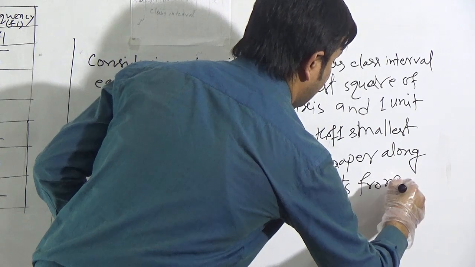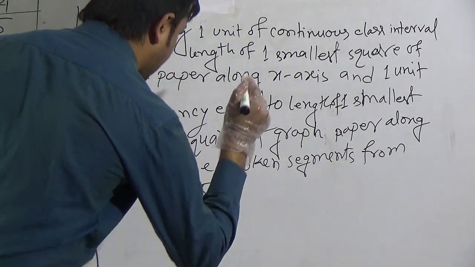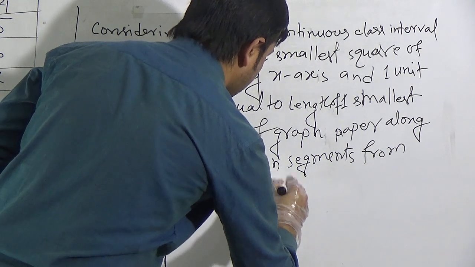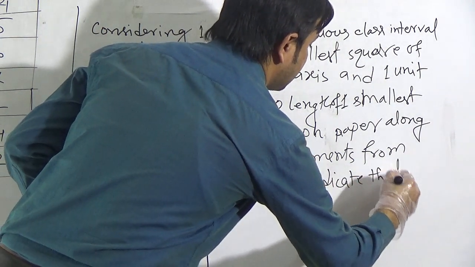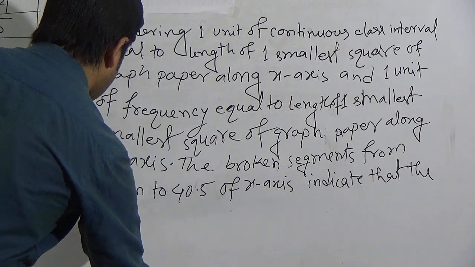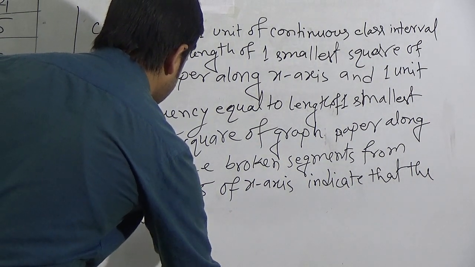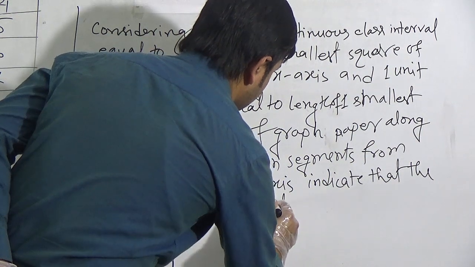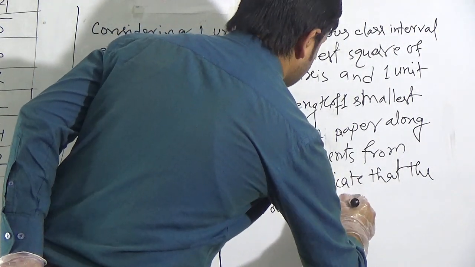From origin to 40.5 along x-axis indicates that the previous continuous class interval of the given data.